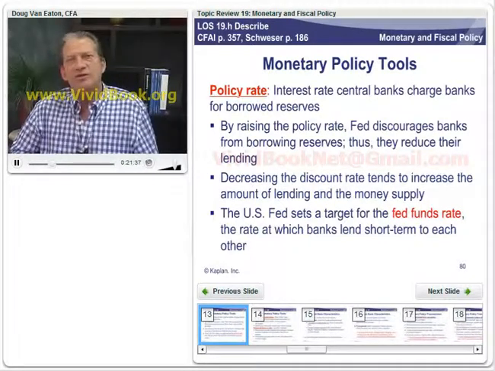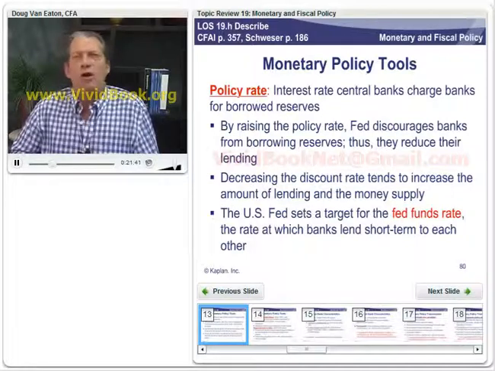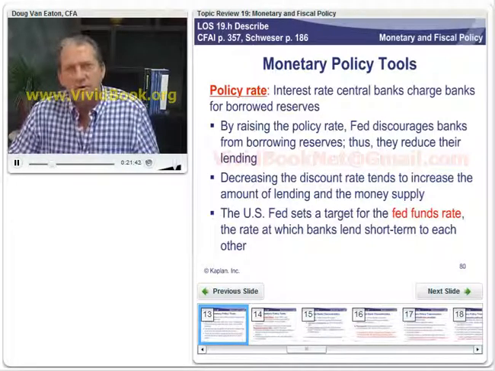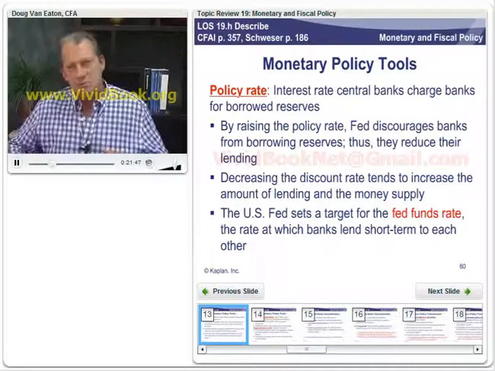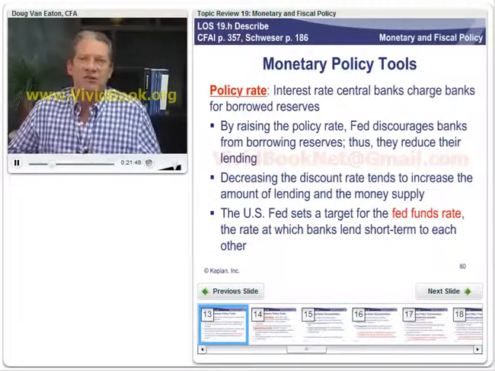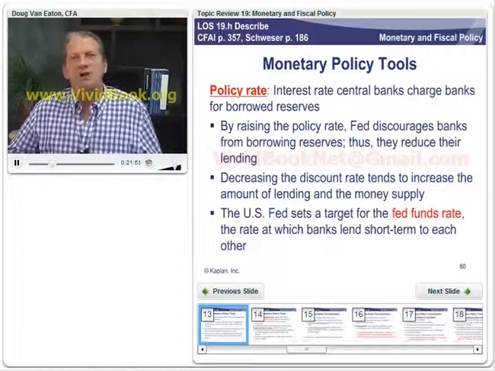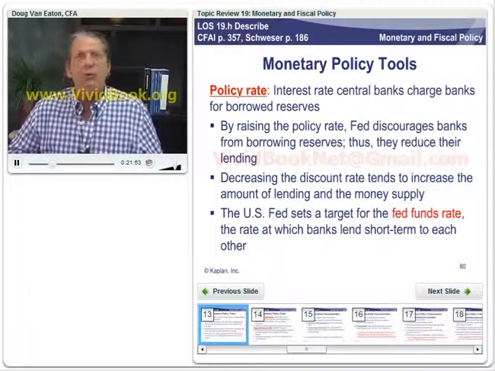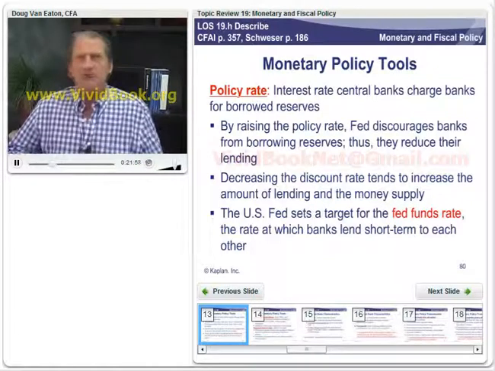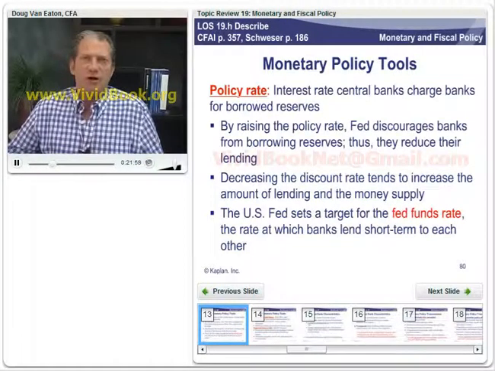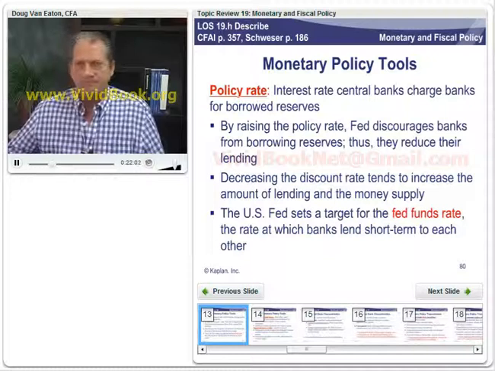Now, decreasing this discount rate or the Fed funds rate, overall thought of as a policy rate, would tend to increase the amount of lending in the money supply. If you make reserves cheaper and easier to get, banks are going to be more willing to lend. At least that's the story. We'll talk about some of the limitations on that story in just a minute. So that's the number one tool there, is this policy rate.